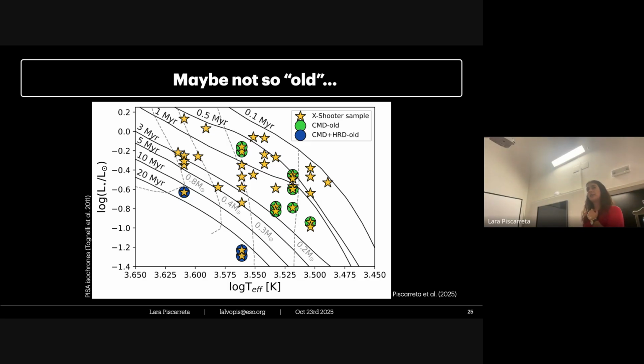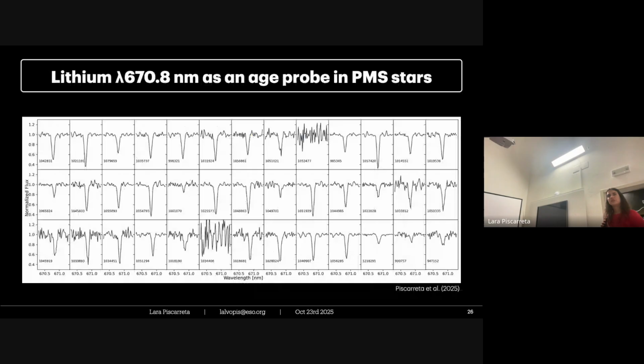Another way that we can further corroborate our observations is going to lithium, as I've mentioned previously. Lithium is interesting in the sense that it is an ephemeral element in the photosphere of pre-main sequence stars. It is depleted with time, so we can use it as an age probe.